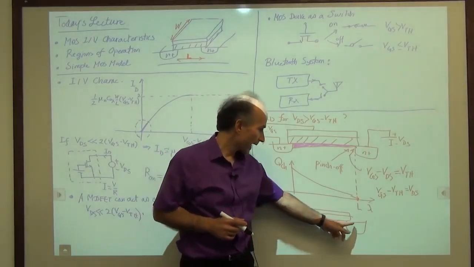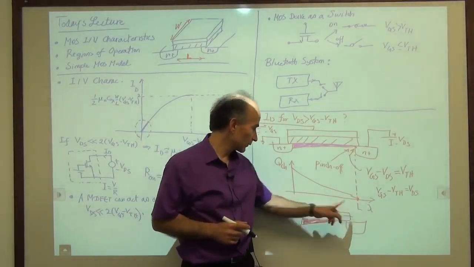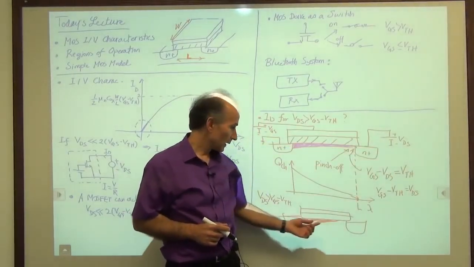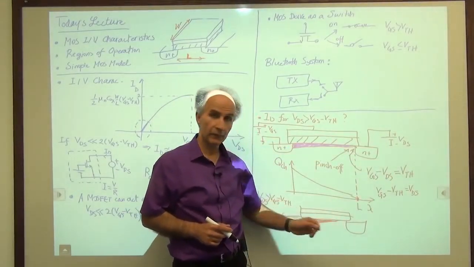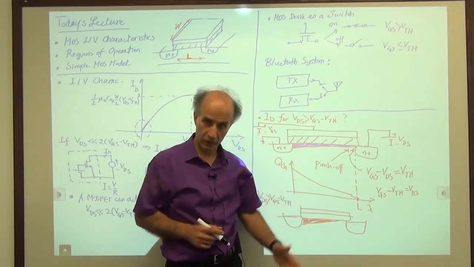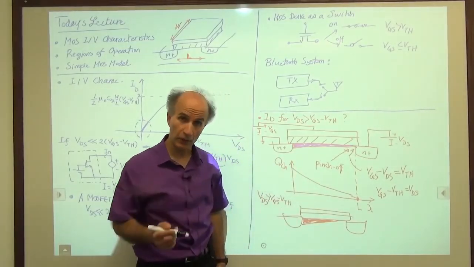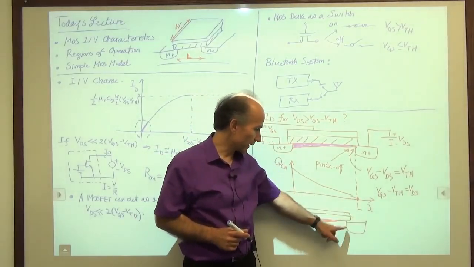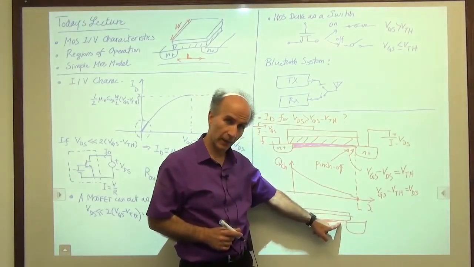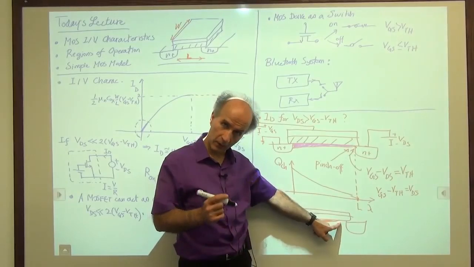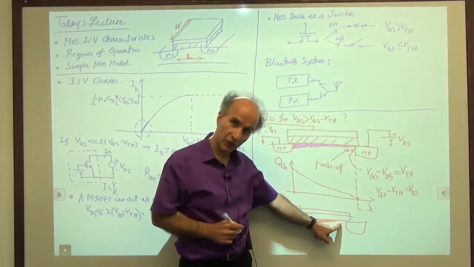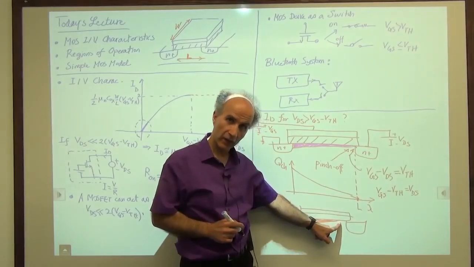It turns out that as the drain voltage goes up, this point moves to the left very slowly. It's a very weak function. So to first order, we can say that as the drain voltage goes up and this point creeps back this way, it creeps back by a small amount, but the total length of the channel doesn't change much.